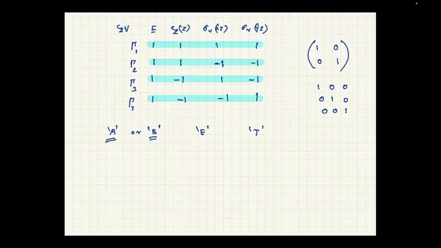Now we have to look for the proper axis of symmetry, like the Cn axis.